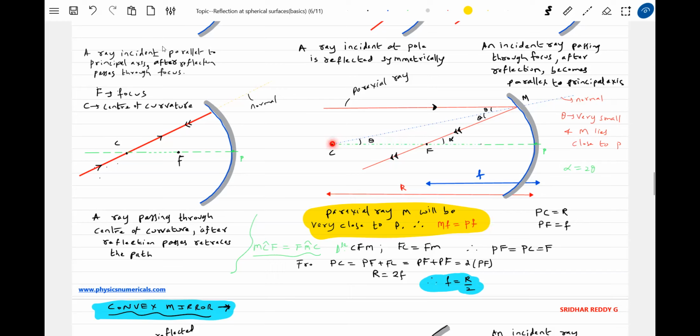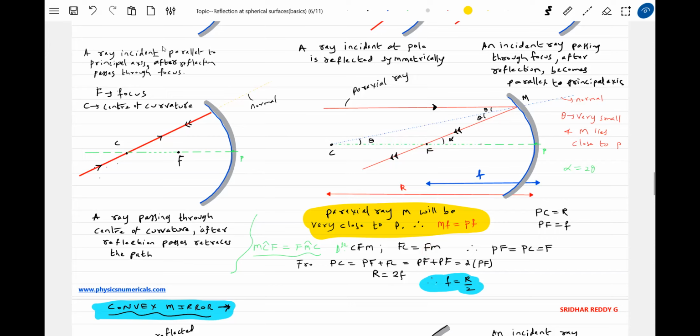Now let me go to this triangle. It is an isosceles triangle, so angle FMC should be equal to MCF. Therefore, we can write FC is equal to MF, or FC is equal to FM. Write it here.